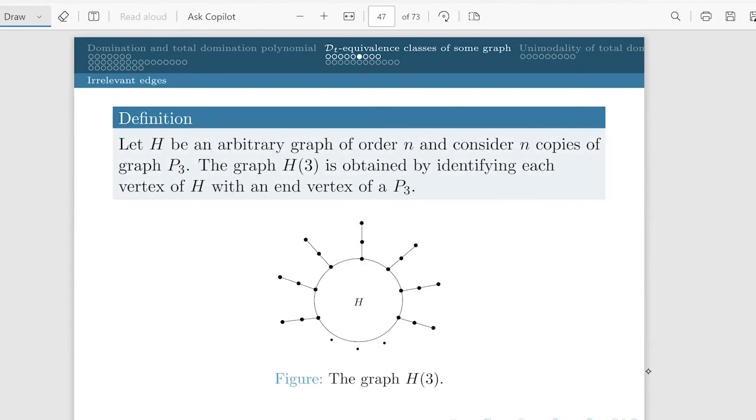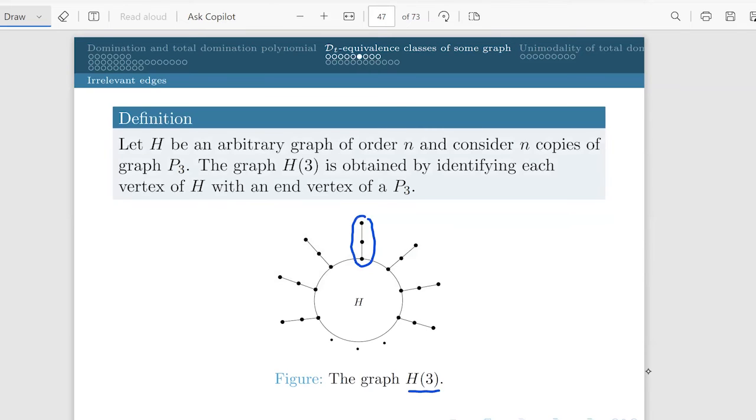As an example, let us consider this graph, which I think is a very important graph in the total domination theory. We have a graph H, and we consider n copies of P3 that we identify with the vertices in H, and we denote this graph by H parentheses 3.